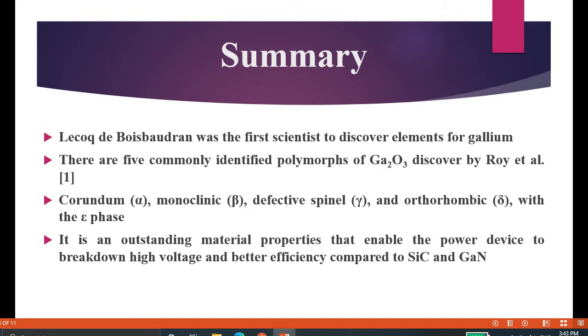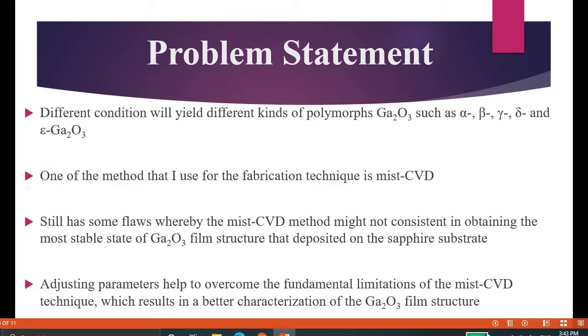So now comes the problem statement. However, this material also has some disadvantages during the experiment. Different experimental conditions will yield different polymorphs, such as alpha, beta, gamma, delta, and epsilon gallium oxide.